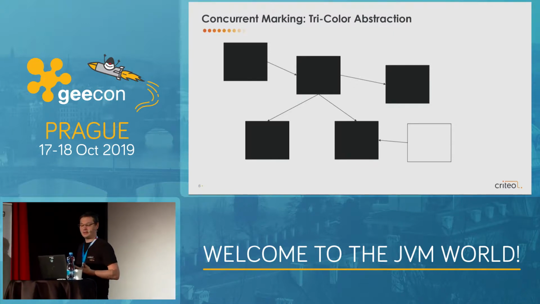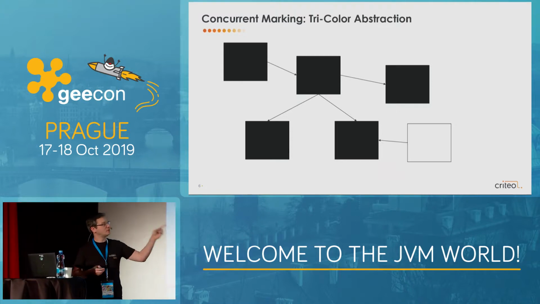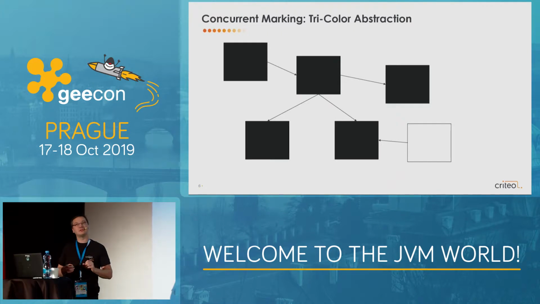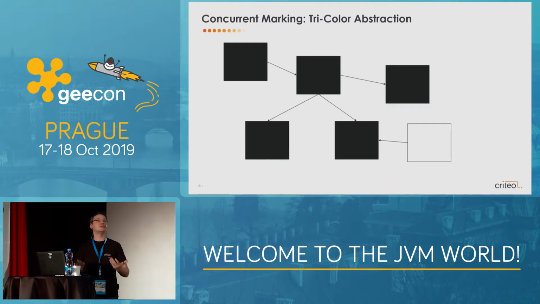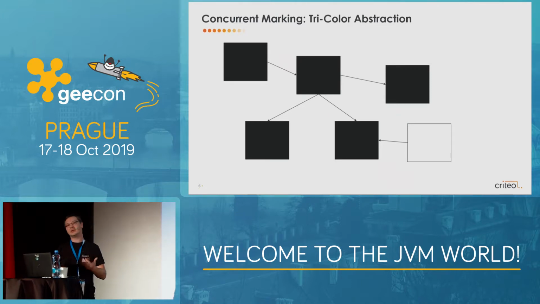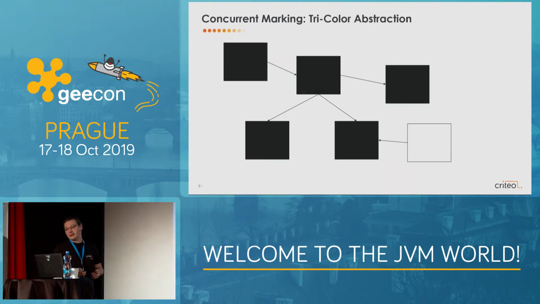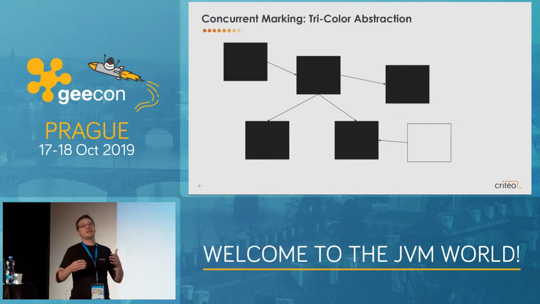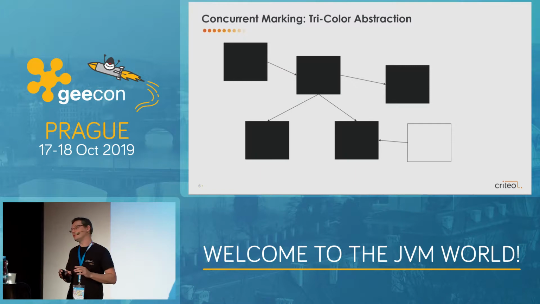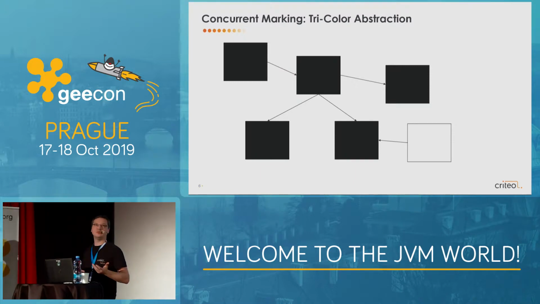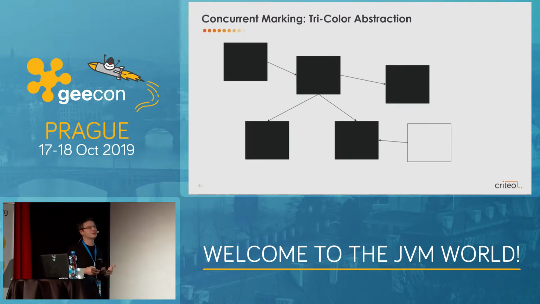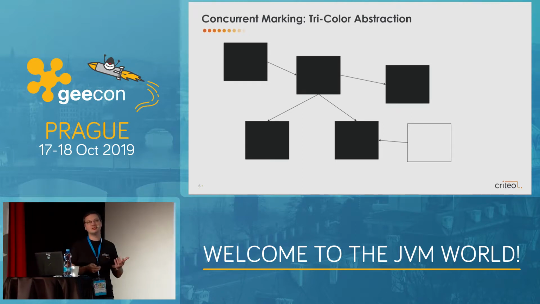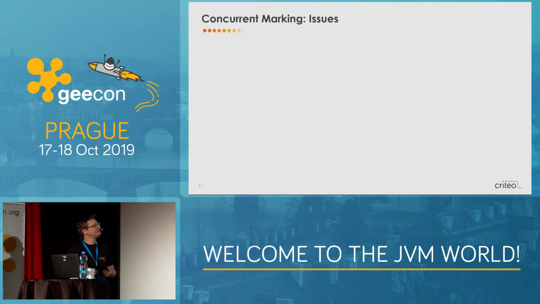It's considered garbage because, okay, the white object is pointing to a black object, but no one is referencing it, so it's garbage. The GC will collect it. When there is a stop-the-world event and the GC is alone without the application threads, it's easy to do this kind of algorithm. But if the application threads are modifying the graph during concurrent marking, we can have some issues.